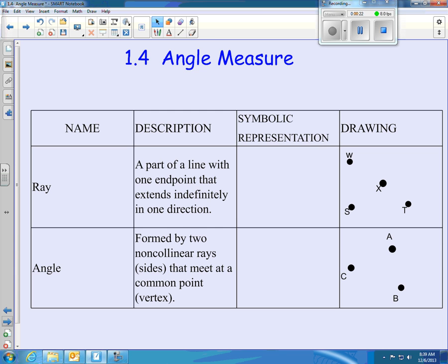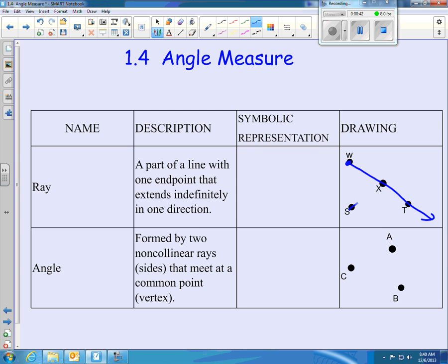The first one is going to be a ray, which is a part of a line with one endpoint that extends indefinitely in one direction. So for example, if we look over here in our drawing, this is going to be a ray. We have one endpoint at W, and it extends indefinitely in one direction.